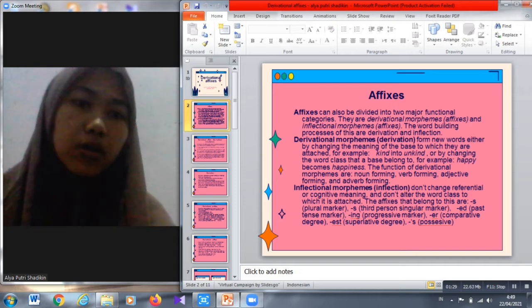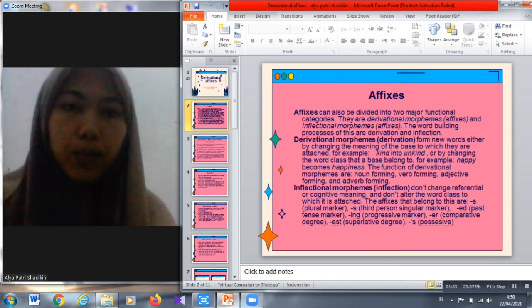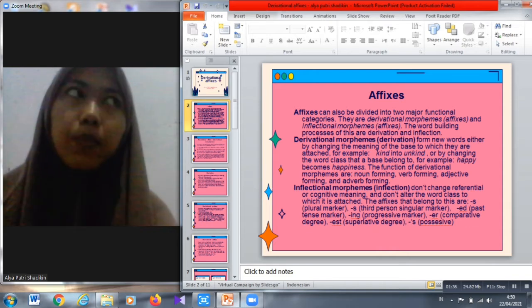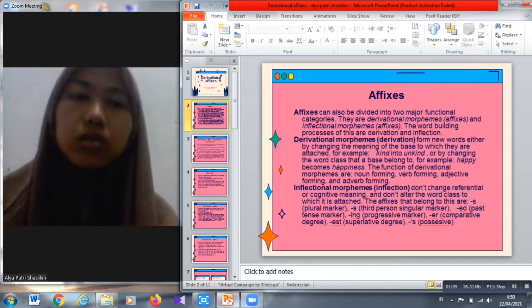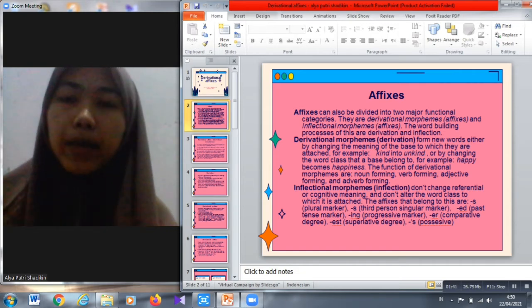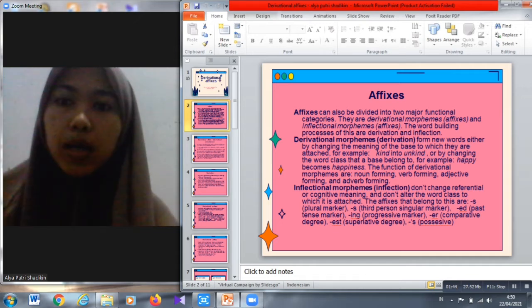The functions of derivational morphemes are noun forming, verb forming, adjective forming, and adverb forming. So basically, derivational morphemes can change a noun into a verb, or maybe an adjective into a verb.